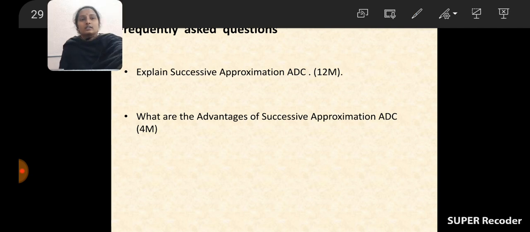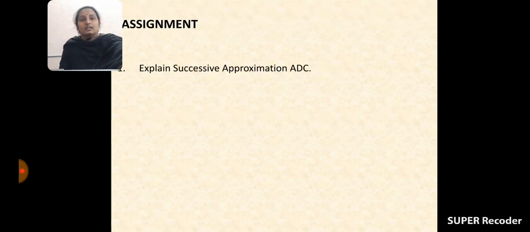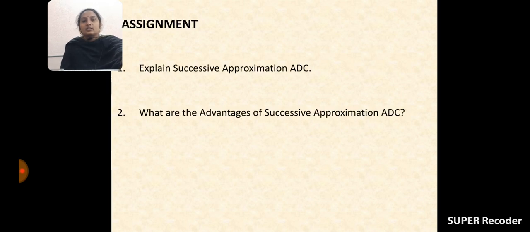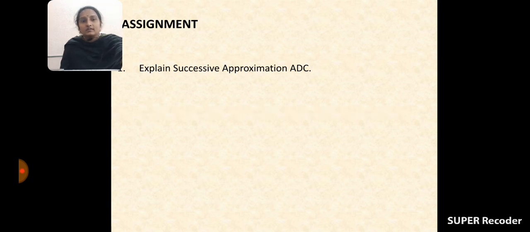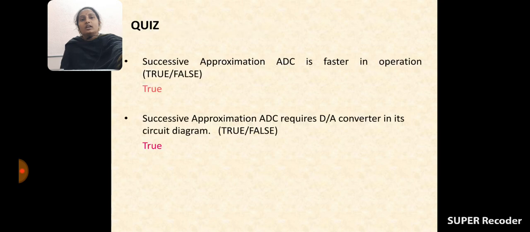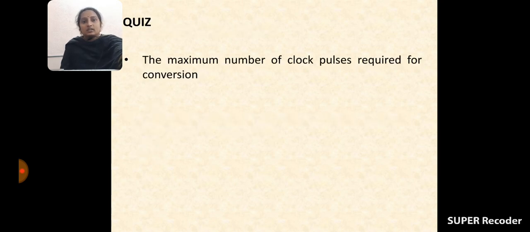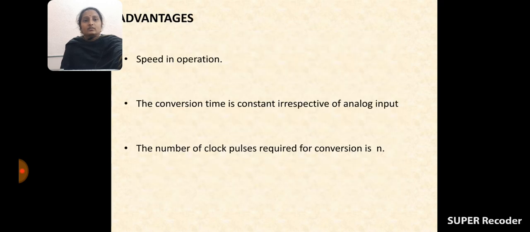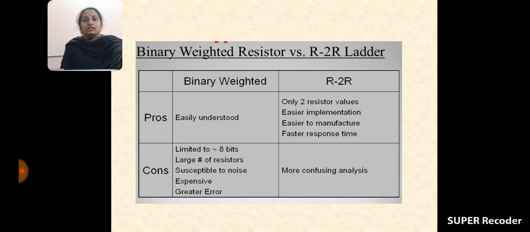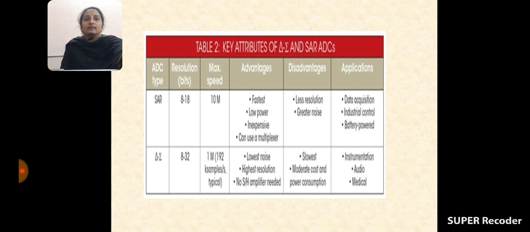Depending upon the question paper choice, they may ask anything. So see here, first and foremost you prepare the successive approximation DAC and its advantages, and also the applications and advantages of the counter method. This table is very important: the difference between binary weighted and R2R ladder, and also the difference between successive approximation and counter method.